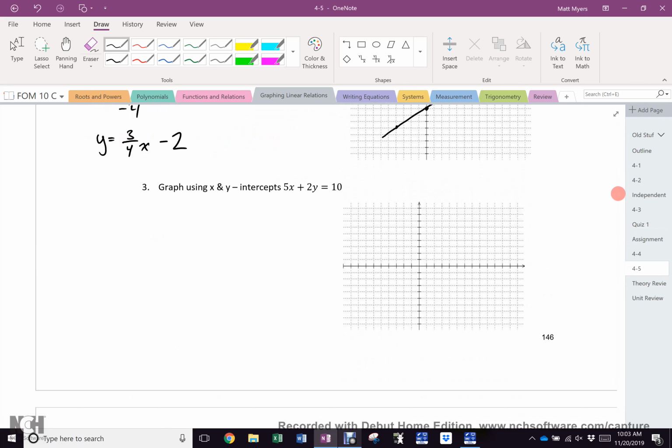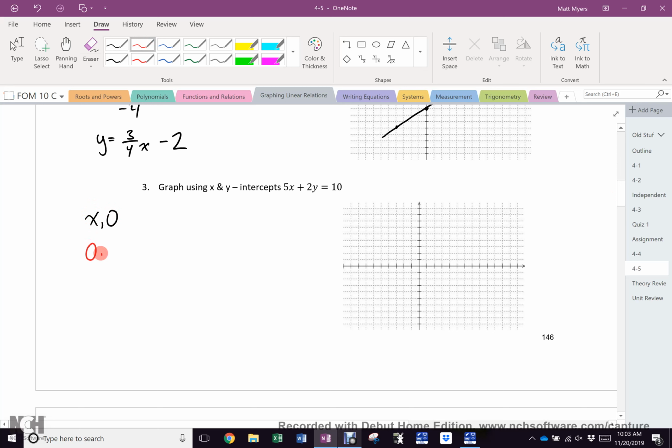X and Y intercepts. Which means what? Which means what? And what's the other part of this?